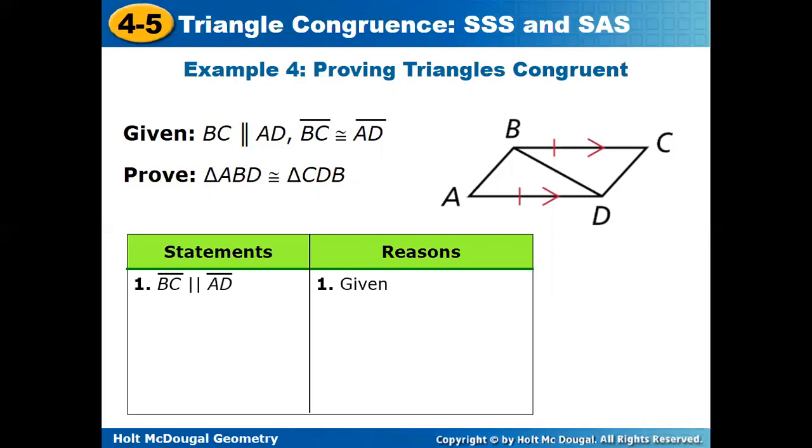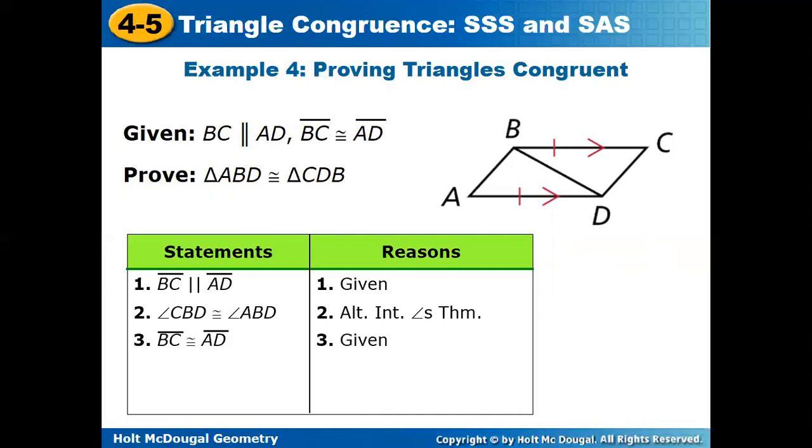The first statement, BC is parallel to AD. This is given. What will we get from the parallel lines? Angle CBD is congruent to angle ABD. This is the alternate interior angles theorem.